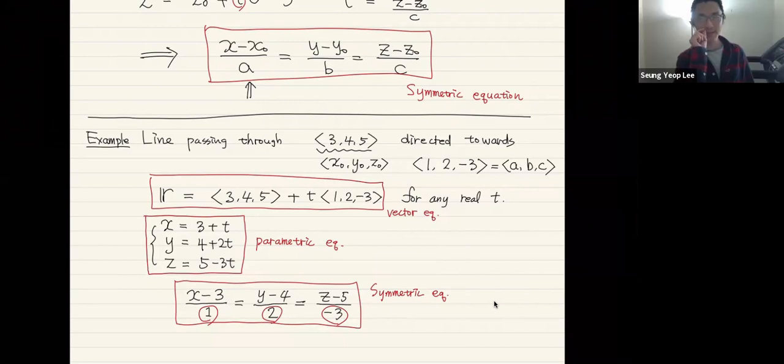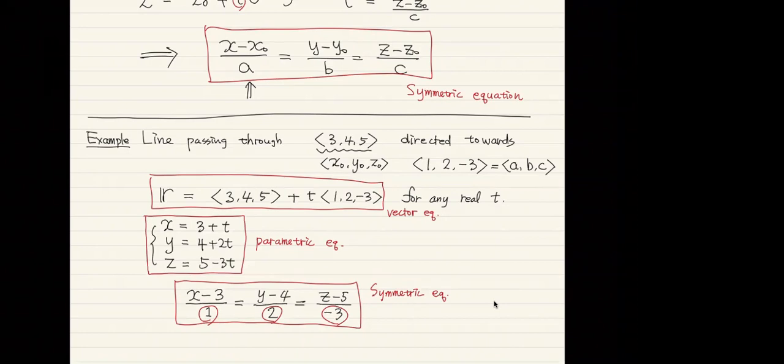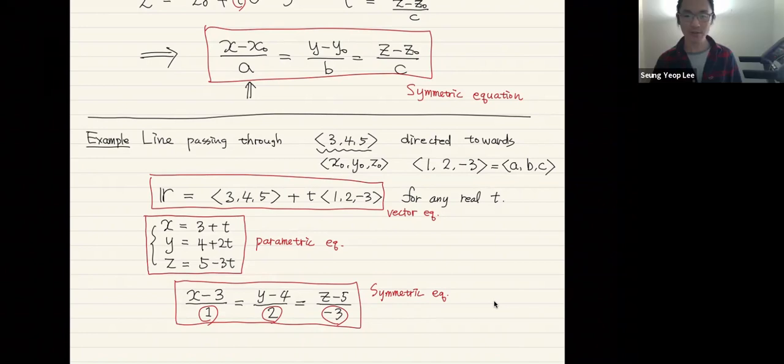Yes, I can also ask more specifically which equation. So write down the equation using the parameter. Then you have to use either the first or second, because both use the parameter t. Or write down the equation of the line without parameter. Without parameter, then you have to write down the symmetric equation.